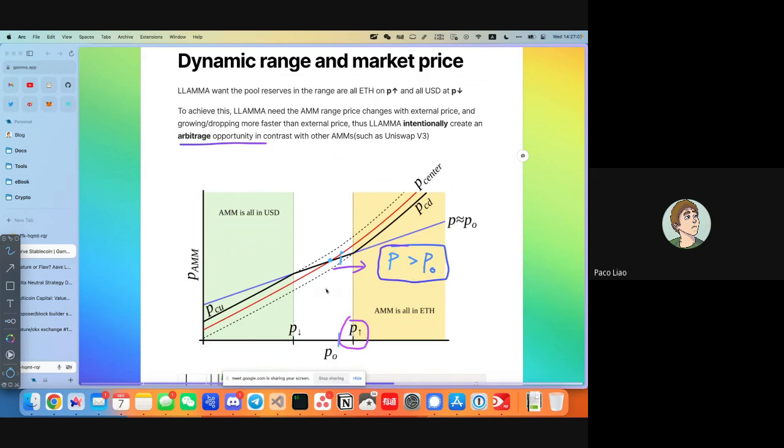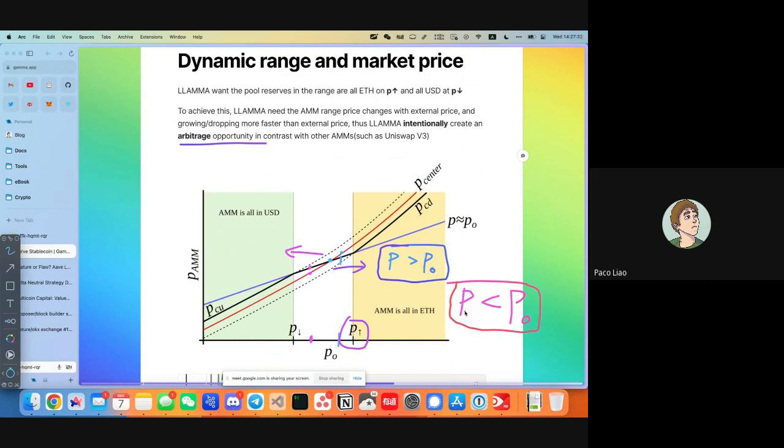And the same applies if the price goes down. Let's say the price goes down to here, and you can see the external price is here and the market price is lower. So if the price goes down, market price will be lower than external price. So there will be another arbitrage opportunity because the ETH price is lower in this market.